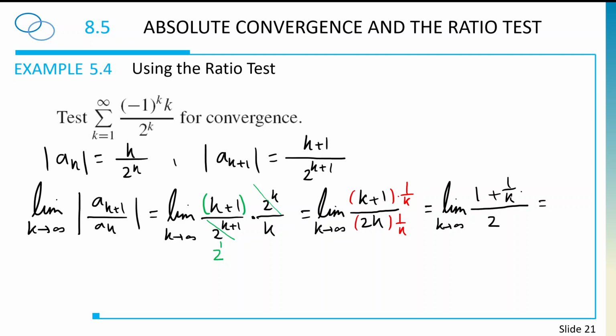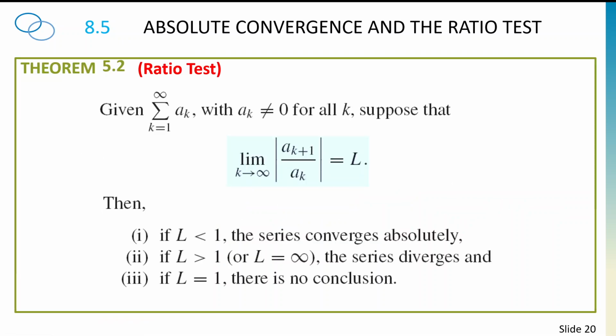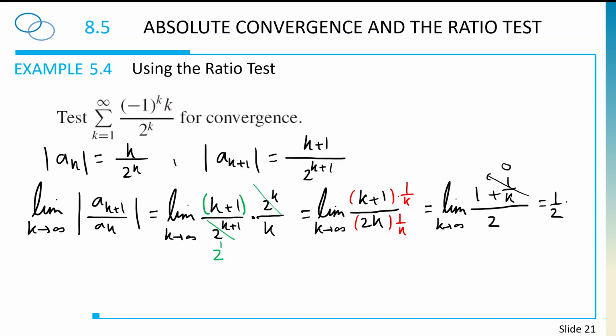Now this limit equals what? 1 over k goes to 0, and this equals half. Now remember with the ratio test, what's the result? We have half. Think here: half falls into which one of these three? It's less than 1, so this is absolutely convergent.